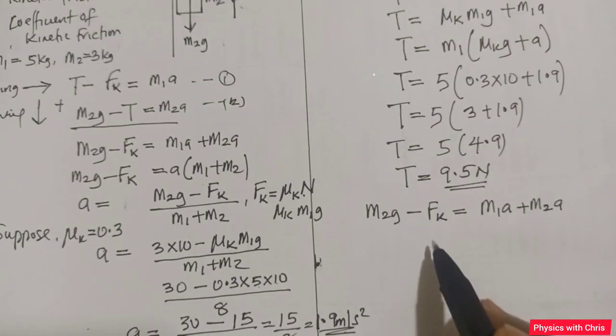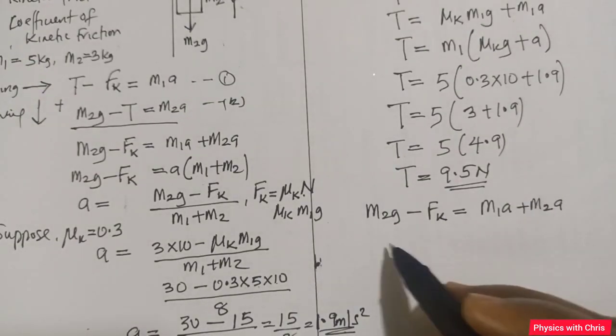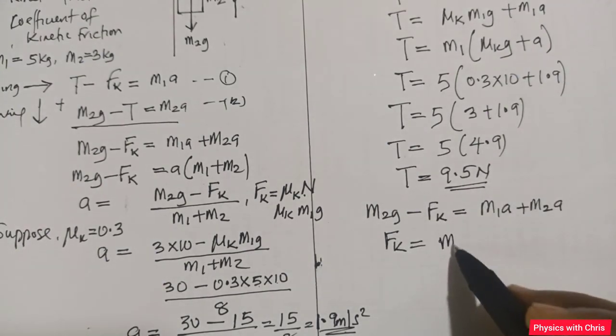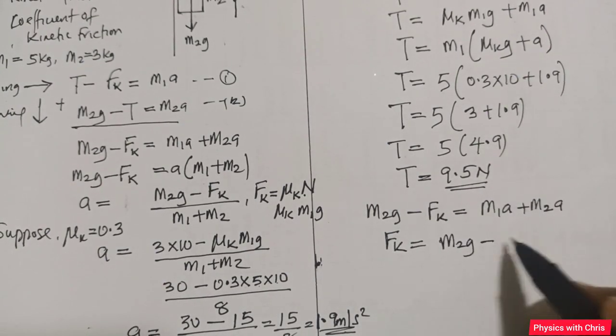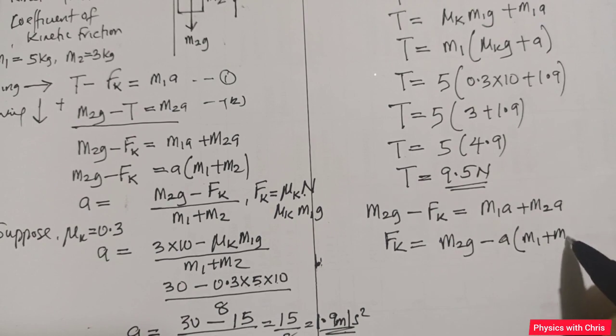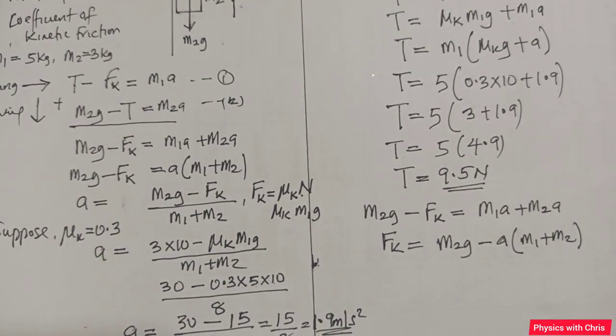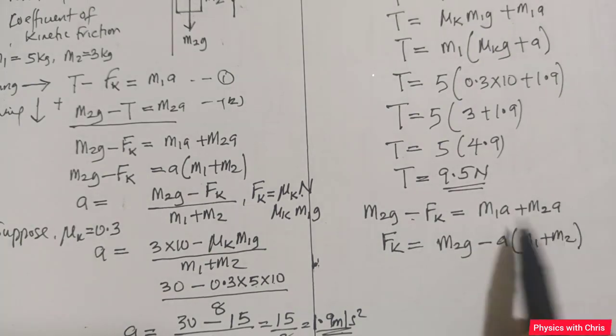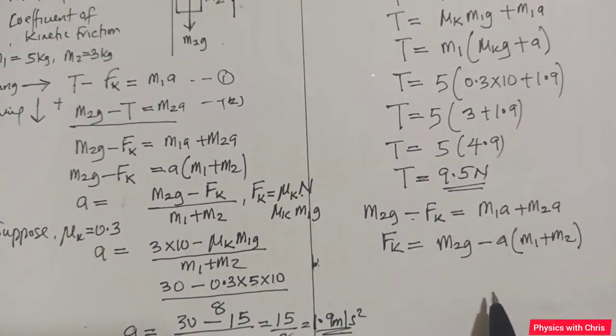So I need to make Fk the subject of the equation. That gives me Fk is equal to M2G minus, I can factor A here, A into M1 plus M2. This is when I rearrange the equation. You take your Fk this way and bring the sum this way. So that's the expression for the kinetic frictional force.